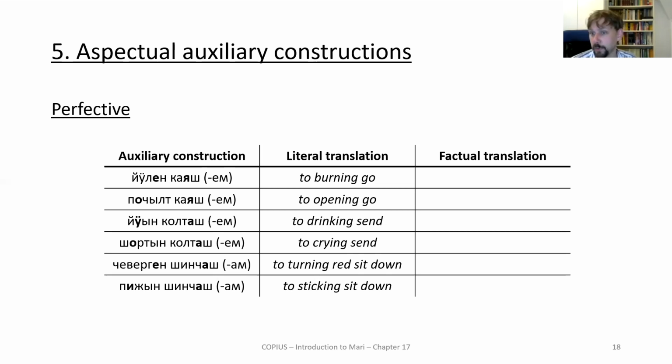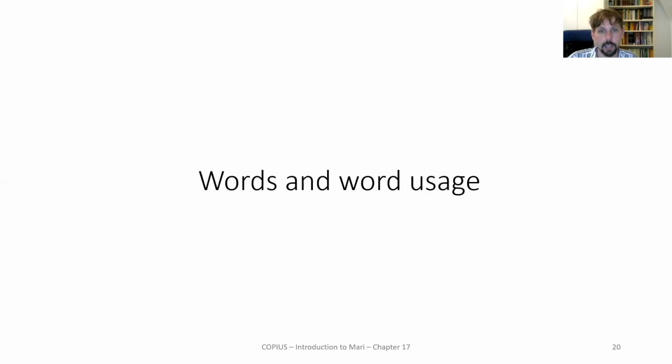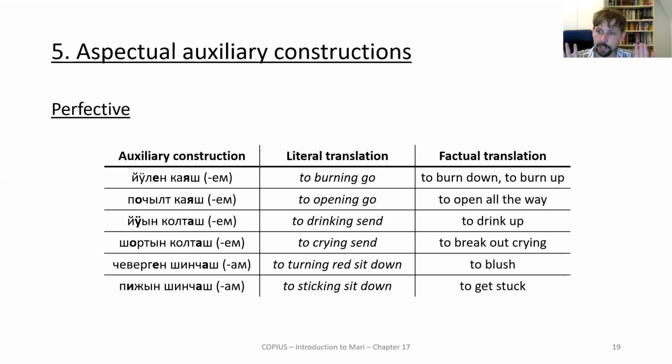That just means to burn to the ground, to burn up, to burn till there's nothing left, to really do the job of burning till there's nothing else to burn. Or to drinking scent, that says drink something, bottles up, drink up until there's nothing left to drink. Yeah, so you can make this basic distinction between aspectual modifiers that either make things more imperfective or more perfective.